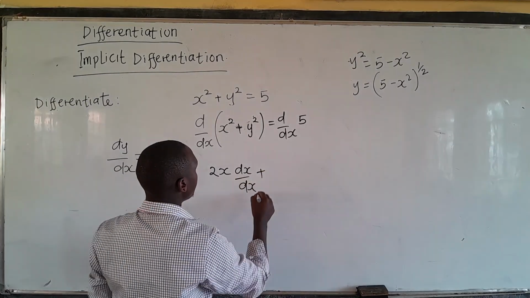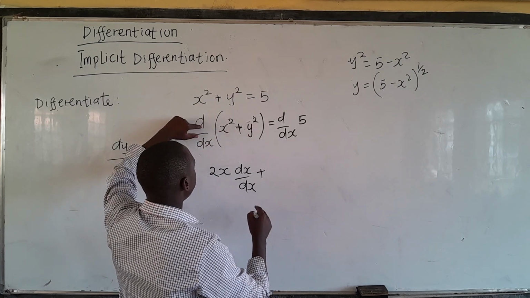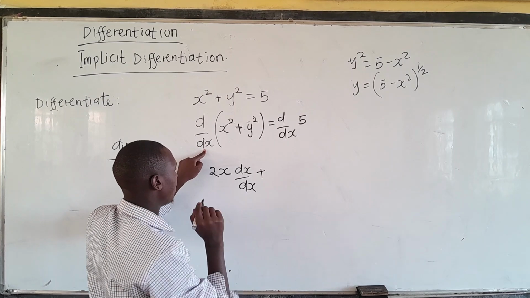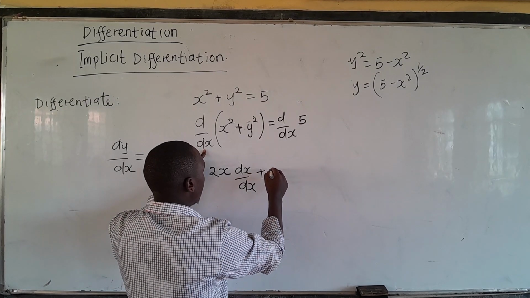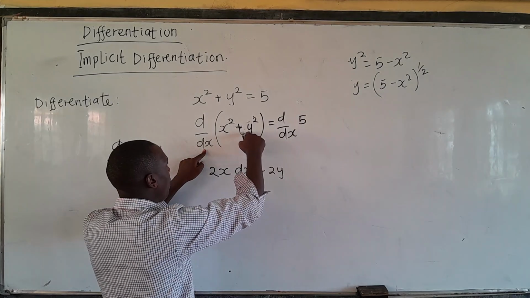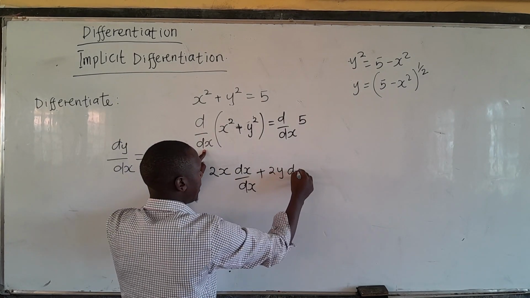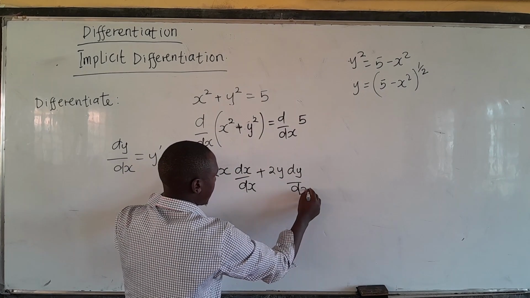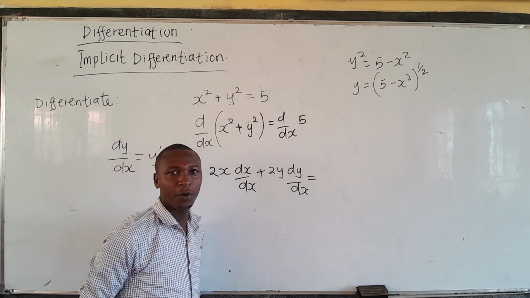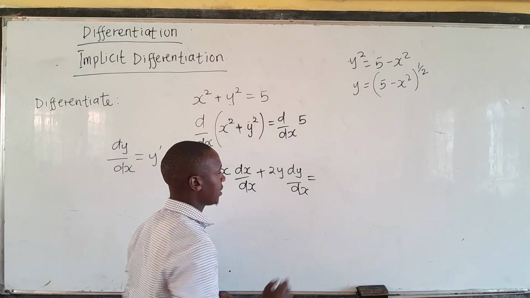Then we add the derivative of y squared with respect to x. This gives 2y multiplied by dy over dx, because we have a dx here. This is equal to, if you find the derivative of a constant, 0.